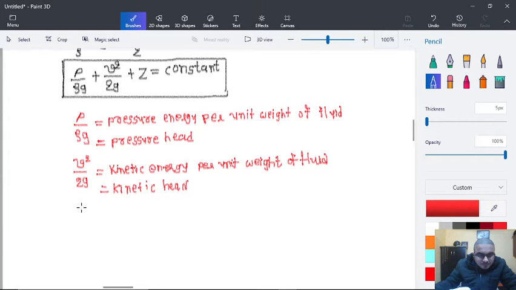Next is Z, which is equal to potential energy per unit weight of fluid, or it is also known as potential head.